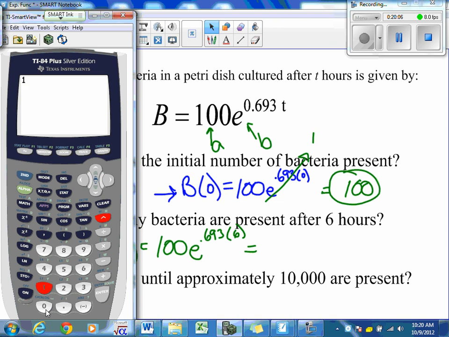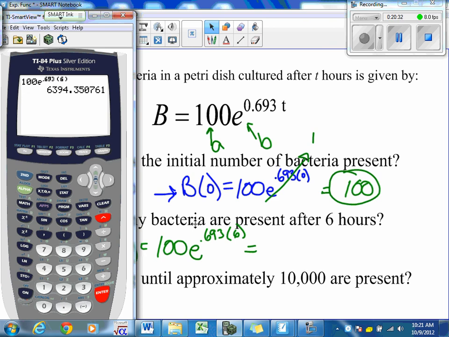So 100 e to the 0.693 times 6. If you don't have a calculator like mine, you may have to be careful with the parentheses as you put this in.